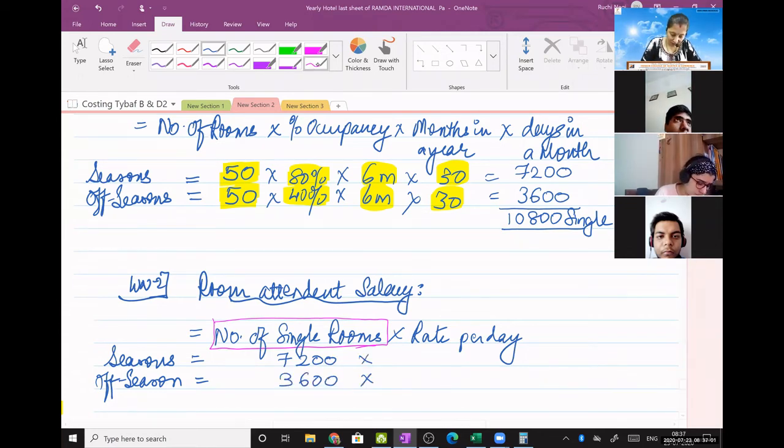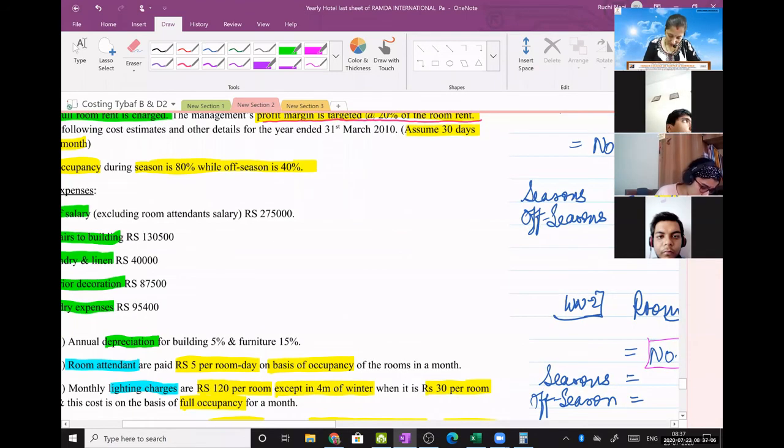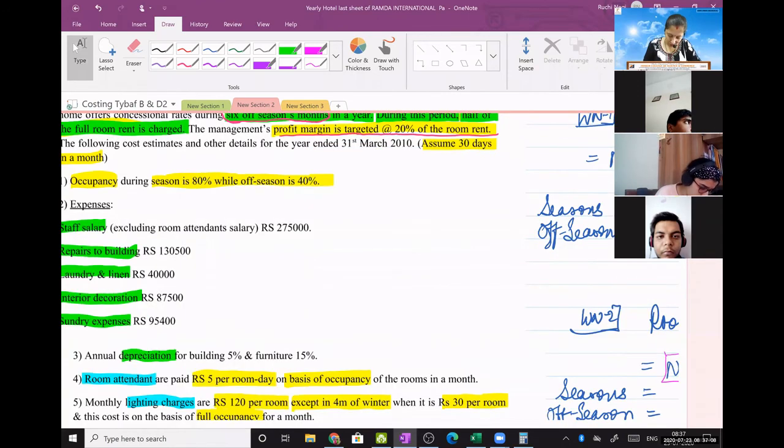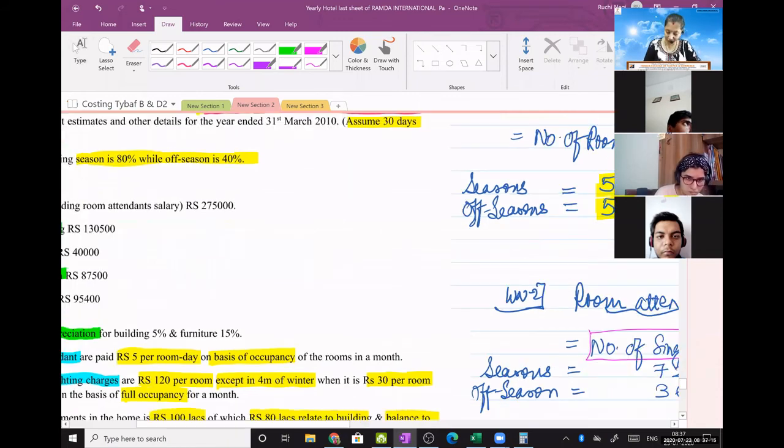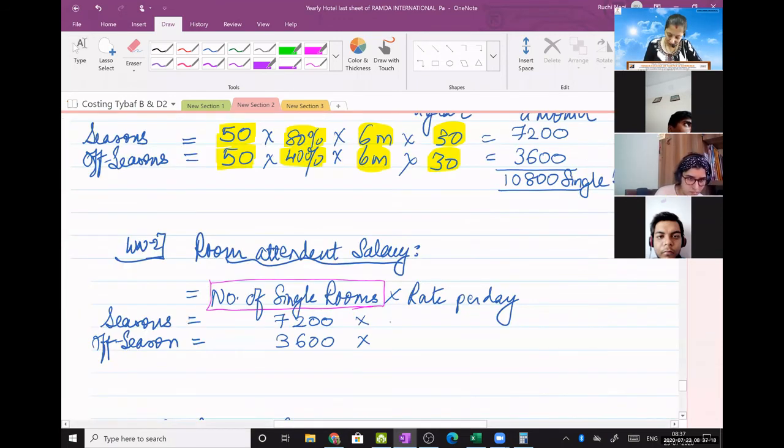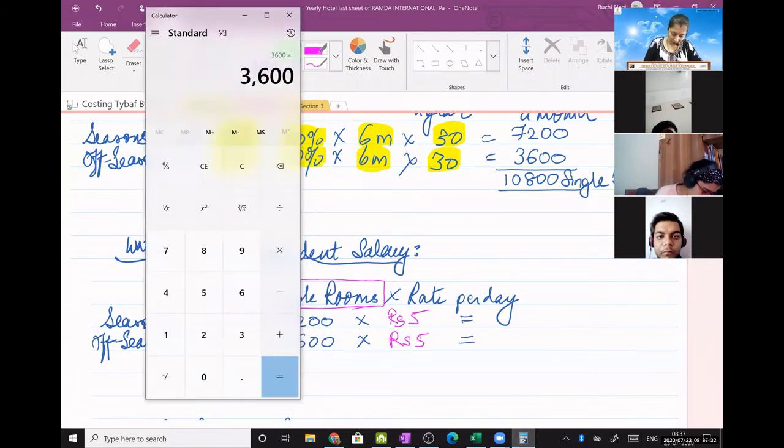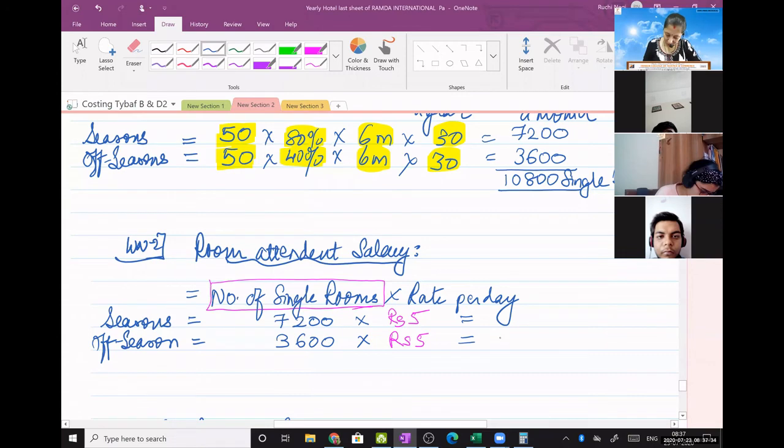Multiplied with the rate. So what is the rate given? Let me check. 5 rupees per day, right? Per room day, and they have not divided it. That means throughout the year they are paying 5 rupees. So I could have directly multiplied by rupees 5 also. Anyway, we have already done it. 3,600 into 5, so 18,000.